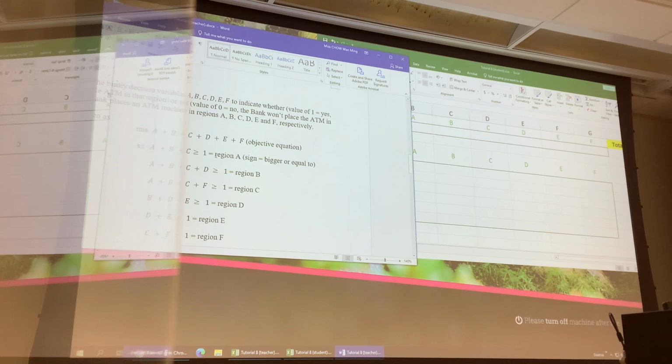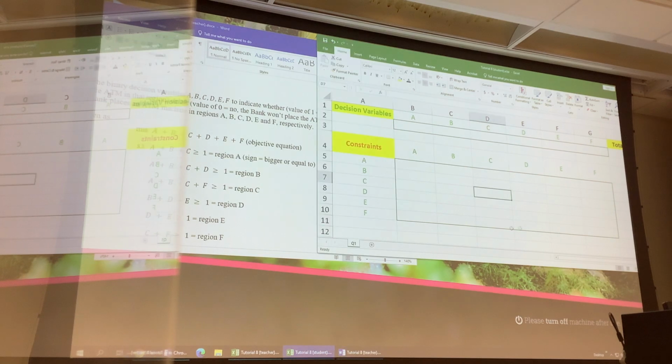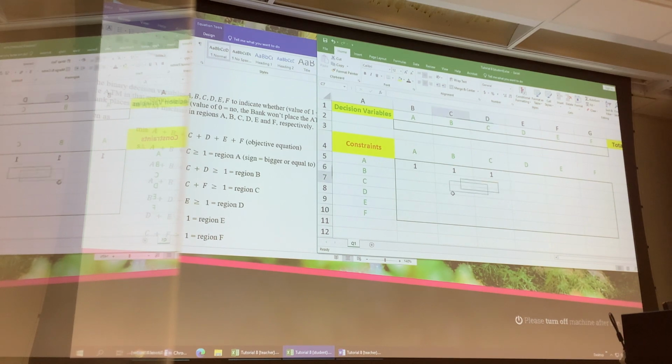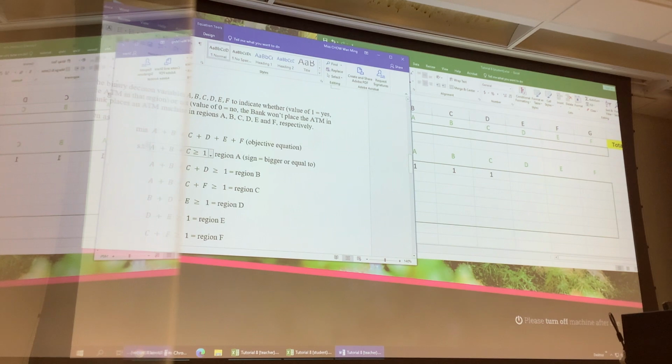For the first constraint, region A, we enter 1 for A, B, and C because there is only 1 unit of the variables, but not like 3 or 8 or 9, right? So only 1, that is okay, so we enter 1 here. So that is the first constraint, and we can move on to the second one.